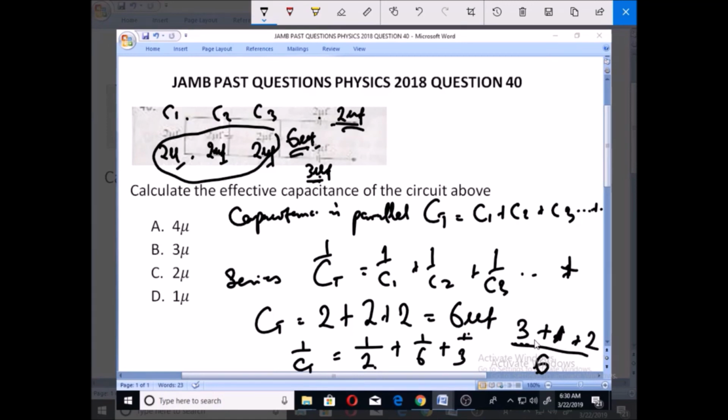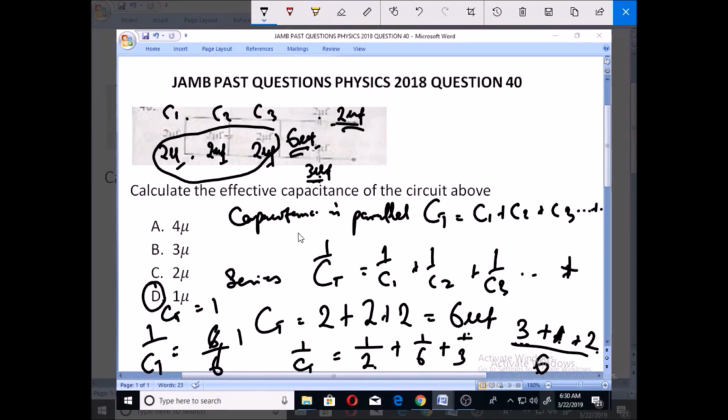So we have 3 plus 1 plus 2. 3 plus 1 is 4. 4 plus 2 is 6. So we have 6 over 6. That is 1 over CT is equal to 6 over 6. And 6 over 6 is the same thing as 1. And reciprocal of 1, making CT the subject, CT is also equal to 1. So the answer is D, 1.